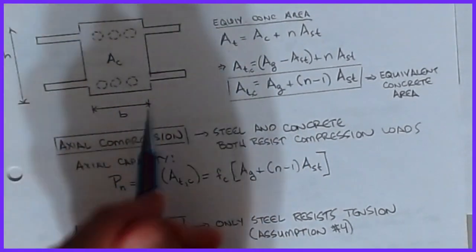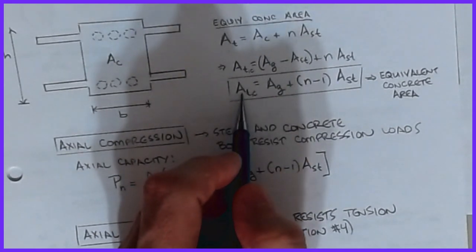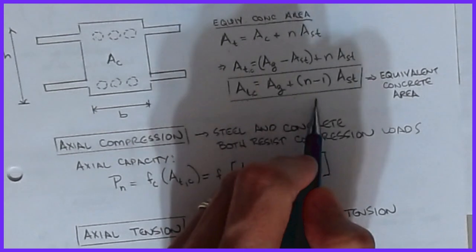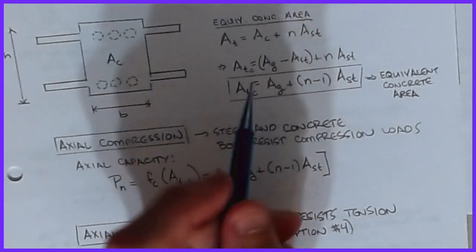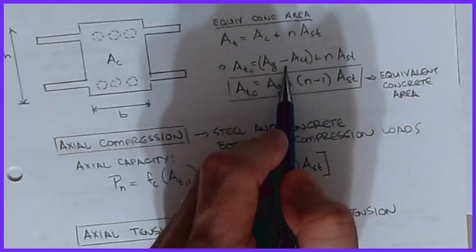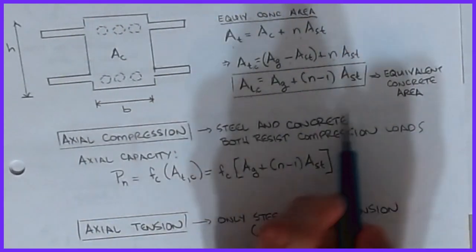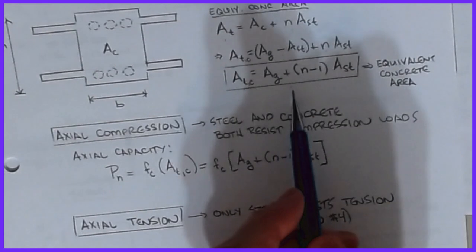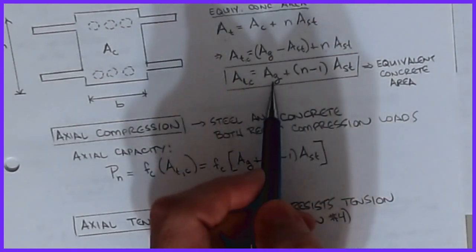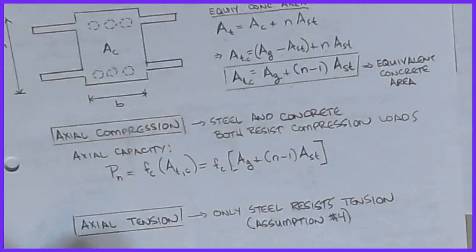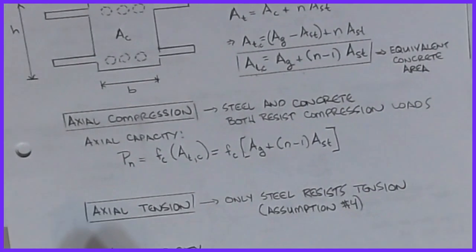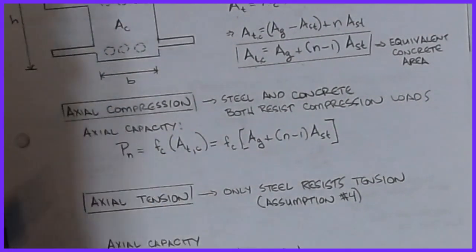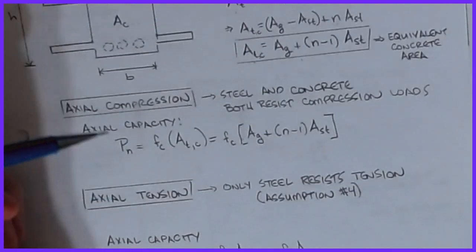So I can quickly calculate the equivalent total area of concrete as the gross area plus N minus 1 times the area of steel, because I've got a positive N here and I'm taking 1 away here. That becomes our equivalent concrete area as a transformed section. You'll know all of these parts: I know the rebar that I have, I know my gross area, and I know the ratio of Young's modulus for that N factor, so we should be good to go. That's how we're going to handle transformed sections. We'll come back around to this in a second.